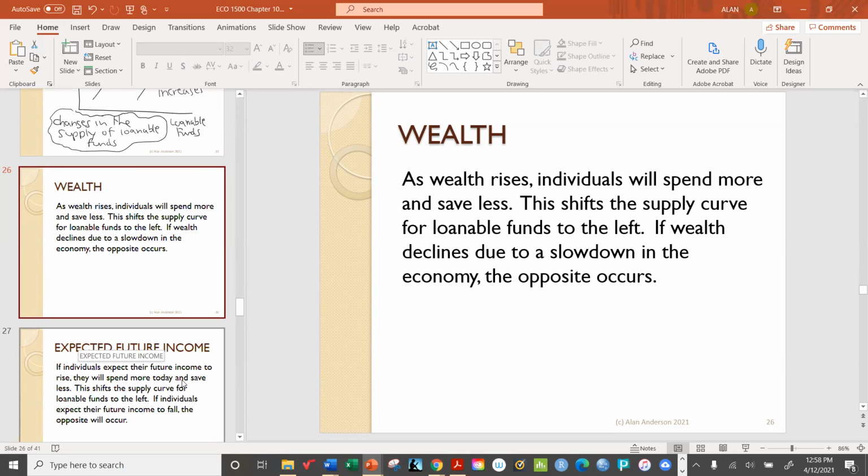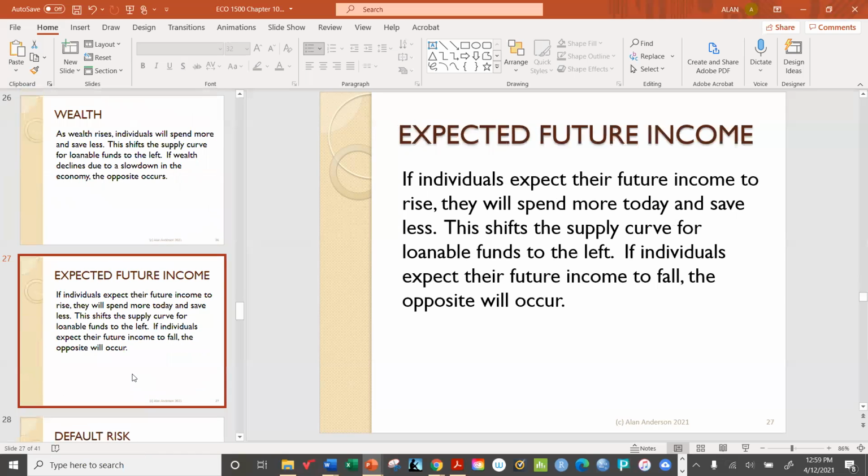So that means you're going to spend more and save less than you normally do. So when your income is expected to rise in the future, you'll probably respond to that by saving less today and spending more before the income actually materializes. And then in that case, the entire loanable funds curve would indeed shift to the left.